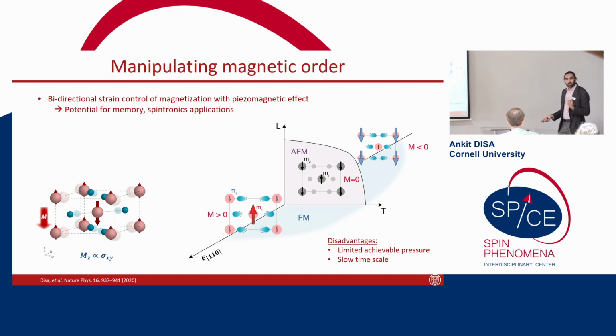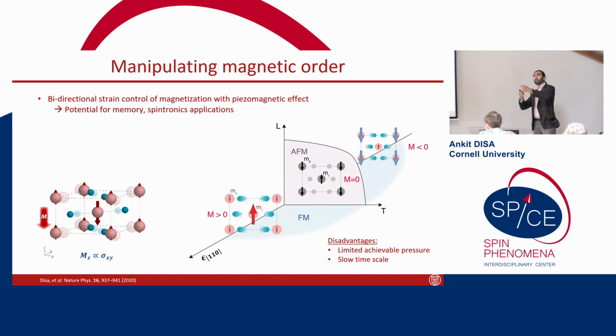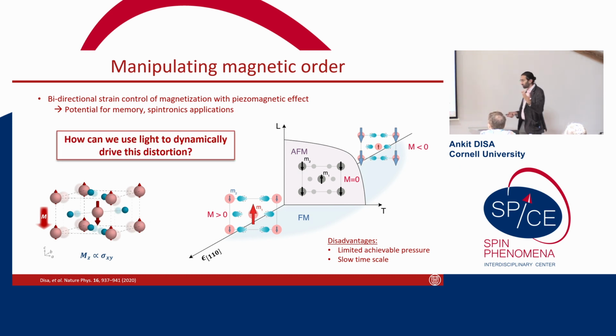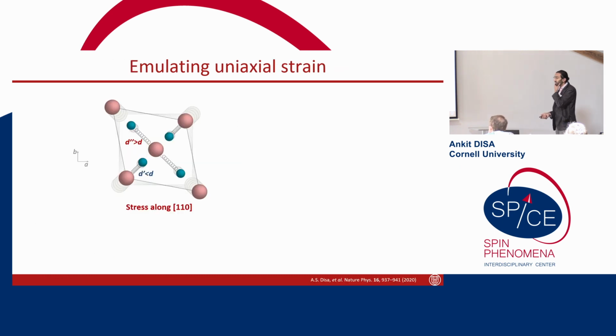However, strain is slow, and you're limited to how much strain you can apply before a crystal will break. So what we wanted to explore was whether or not we could use light to emulate this effect and somehow go beyond these limitations. At first glance, this is a bit of a non-starter because here what you're looking at is a top view of the cobalt fluoride structure.